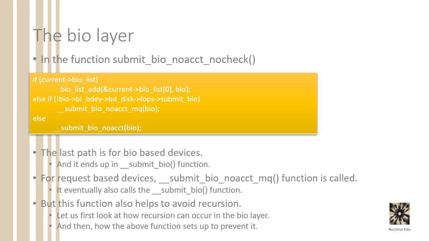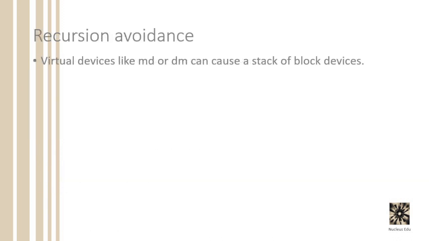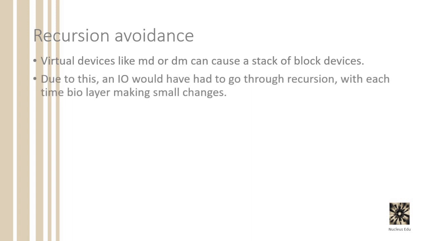Let's see how the above function sets up to prevent the recursion. First, how does recursion occur? There are scenarios where virtual devices like MD or device mapper can use a stack of block devices. In that case, the IO would have to go through recursion, each time entering the bio layer and making small changes.